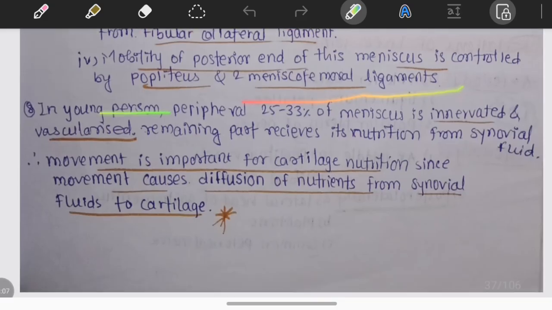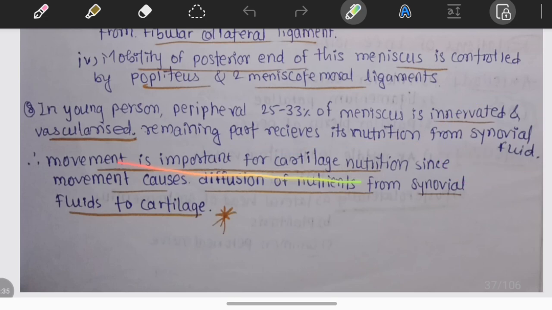In a young person, the peripheral 25 to 33% of the meniscus is innervated and vascularized. The remaining part receives its nutrition from the synovial fluid.